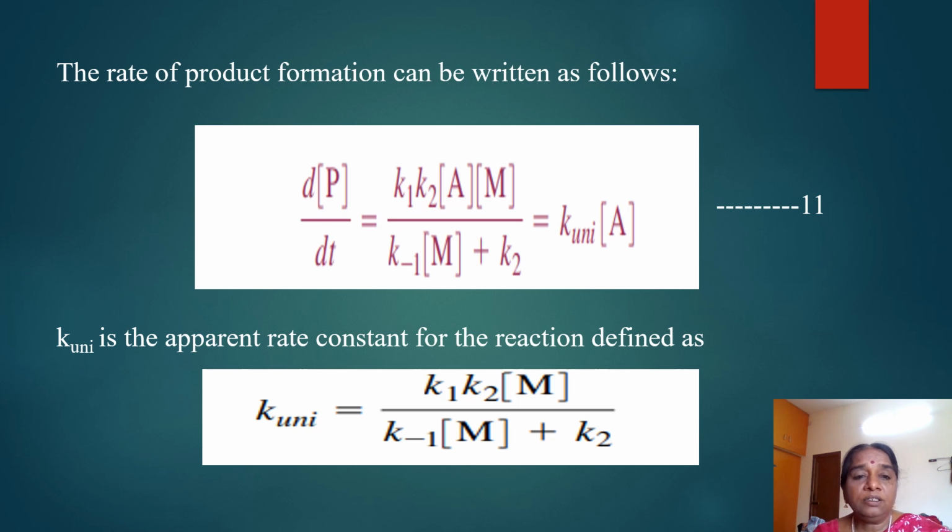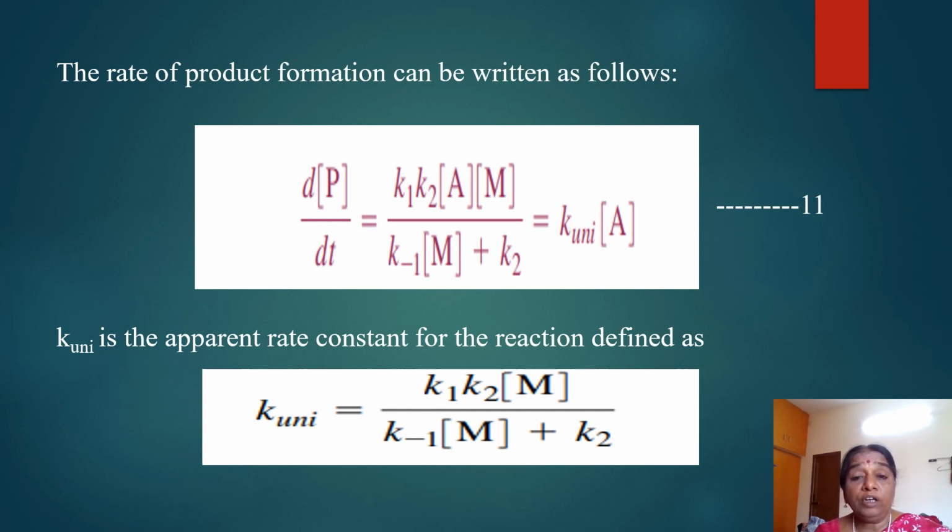Thus, the generalized scheme for the Lindemann equation can be written as dP by dt equal to K1 K2 concentration of A into concentration of M divided by K minus 1 into concentration of M plus K2. We have three rate constants in this final rate equation: K1, K2, K minus 1, representing the rate of formation of A star and the rate of decomposition of A star by deactivation and decomposition steps.